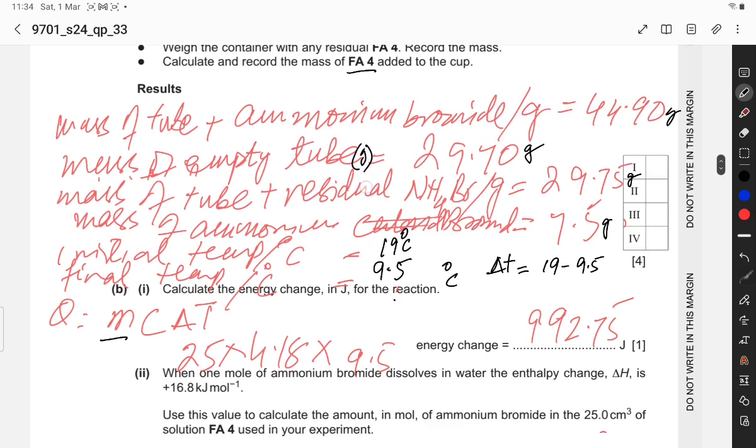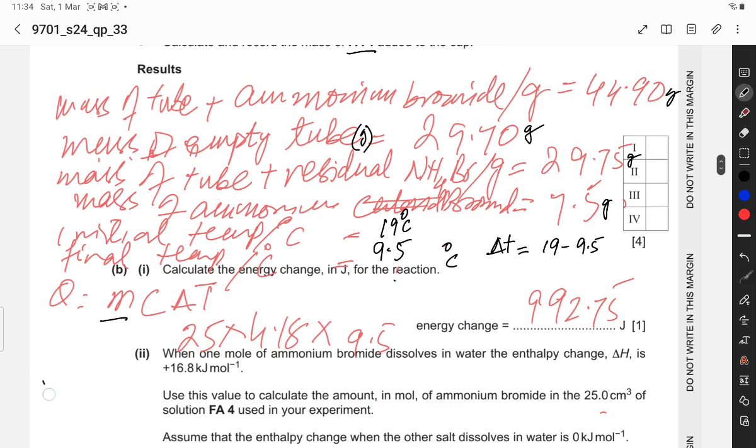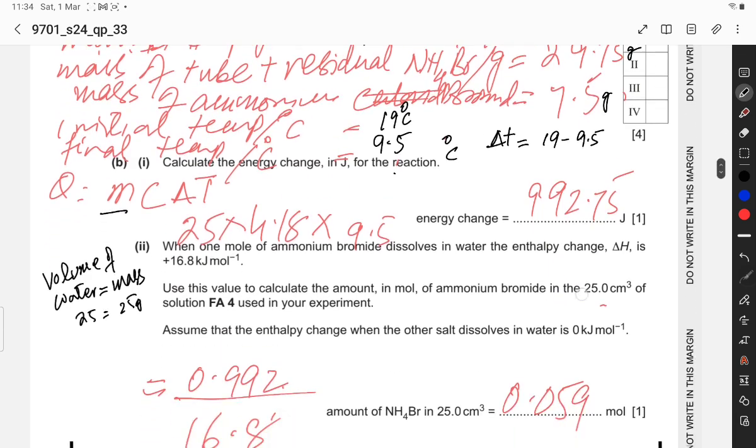Always please keep it in mind that the volume of water is equal to mass. So 25 cm³ is equal to 25 g. So Q is 25 × 4.18 × 9.5. The answer is that the energy change is 992.75 J.